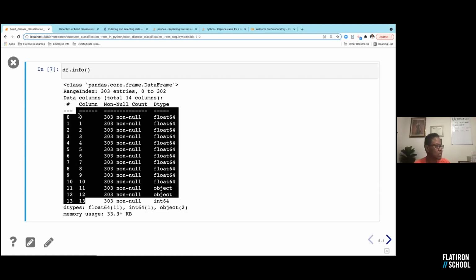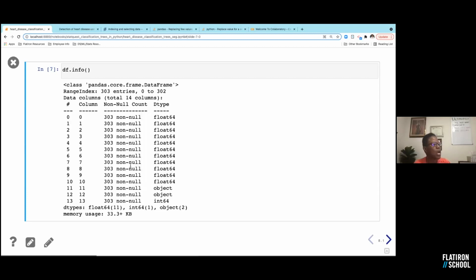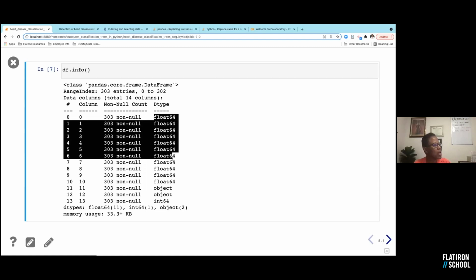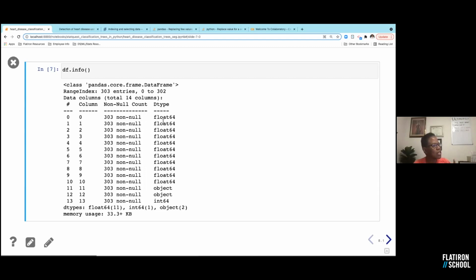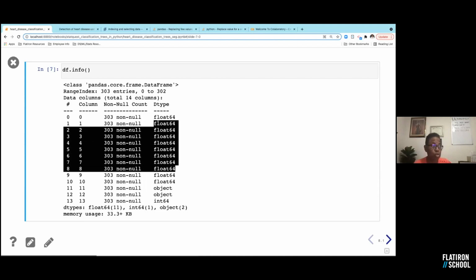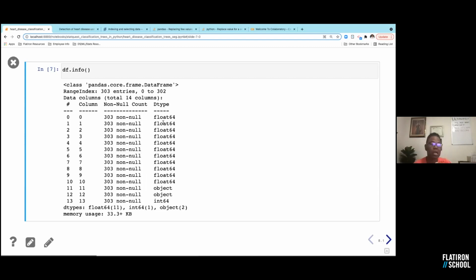We have 14 columns because it starts at 0. And then we find out that all of the columns are either float or object type. Float is a type of numeric, and object is categorical or string. And so we see what type of data we have.